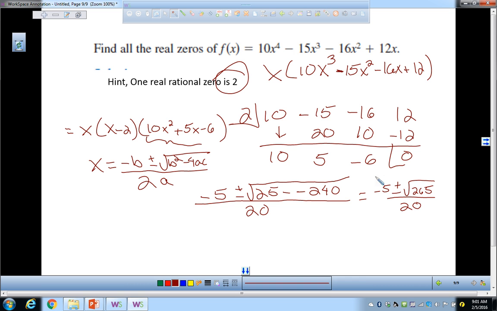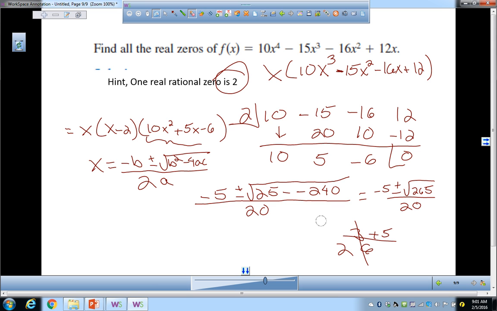I can't just cross this out with that because it's the whole thing added together. If I have 3 plus 5 over 6, I can't just cancel and turn it into a 2, because I'm ignoring the 5. See? Yeah, but I'd like to do it.